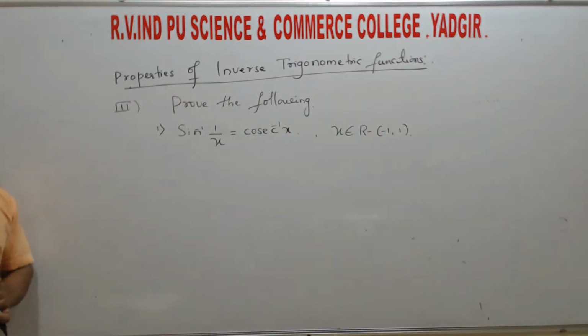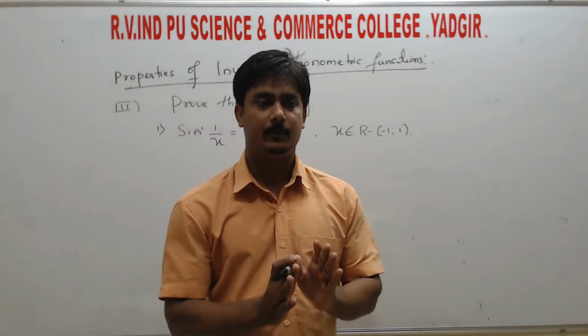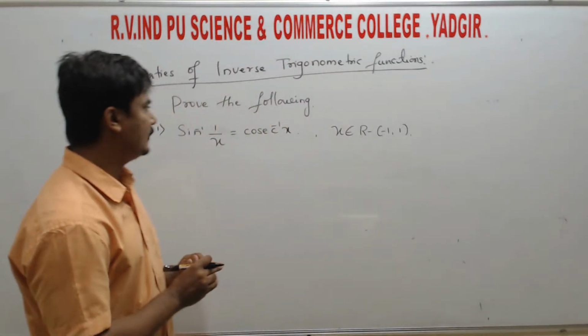So this is the property we are supposed to prove: sine inverse of 1 by x equal to cosecant inverse x, where x belongs to R minus the open interval minus 1 to plus 1. Now see how we prove it.